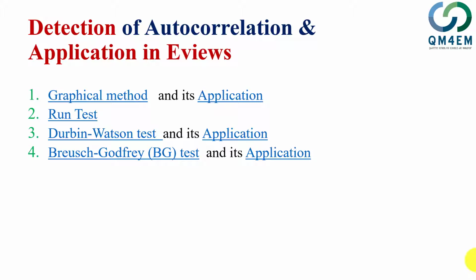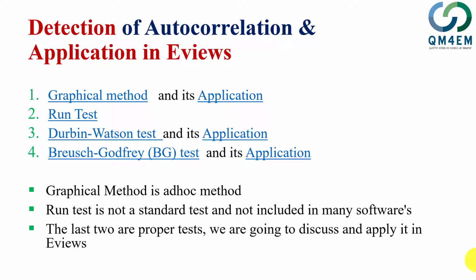We also discussed the Breusch-Godfrey or BGLM test. We also saw the application of all these tests in EViews, and by this stage I presume that we are in a position to detect autocorrelation in our data.